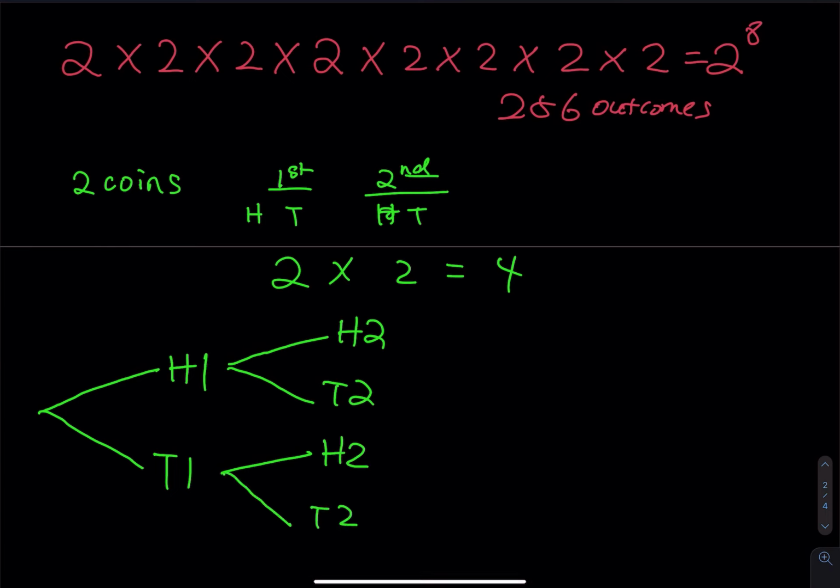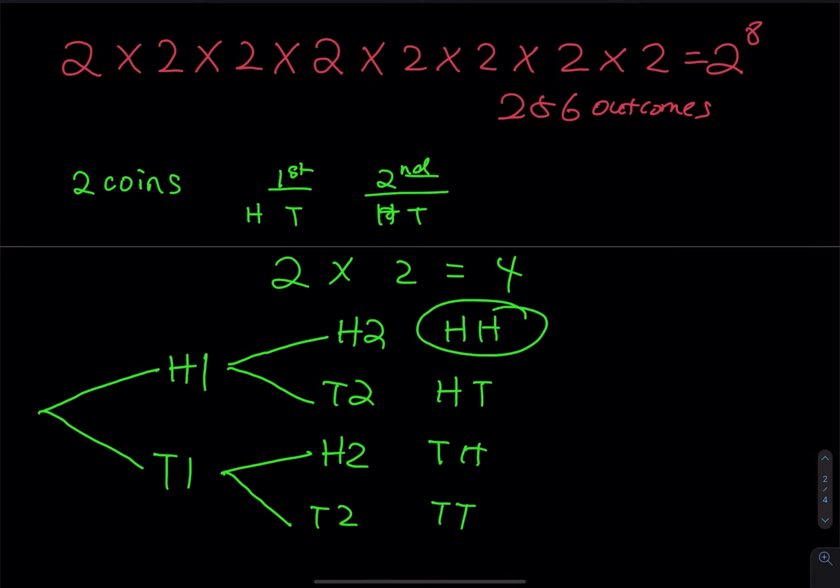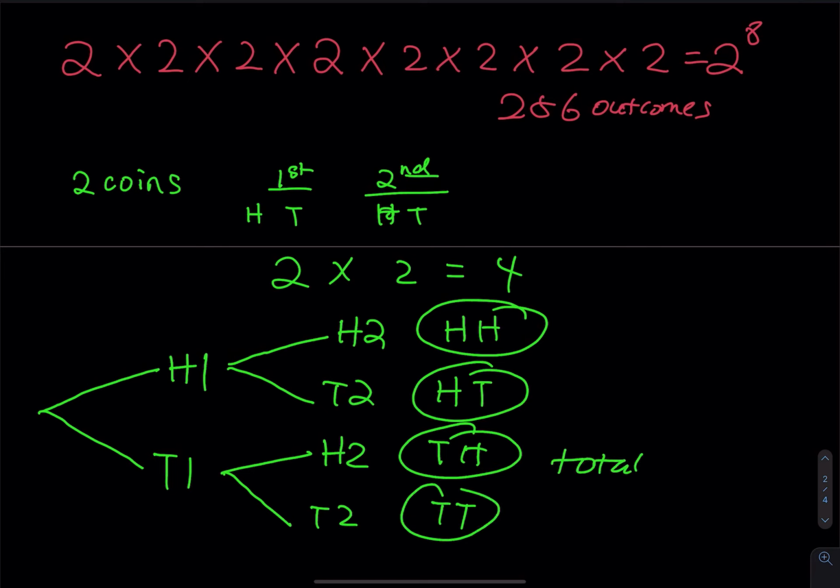If you follow the H, you will have an H and an H, 2 heads. And then H1, T2, so that will be HT, right? And then you can have TH and then a TT. So this is 1, 2, 3, and 4. So the total is equal to 4 using a tree diagram.